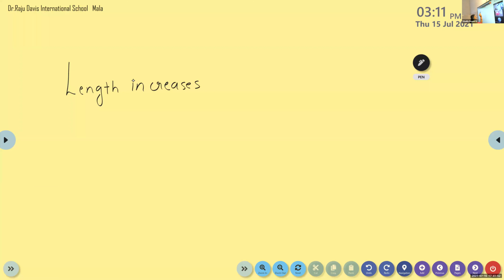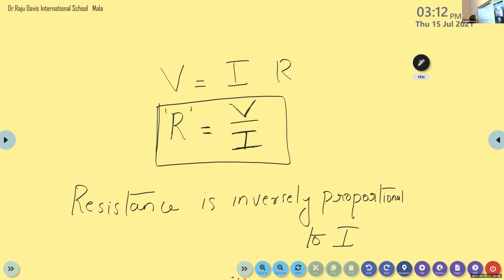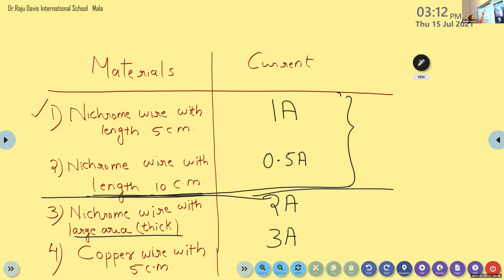Here we are comparing the length. We are connecting the nichrome wire with a 5 centimeter length and a nichrome wire with a 10 centimeter length. So whenever the length increases, we can see that the value of the current decreases. It is decreased to 0.5 ampere.